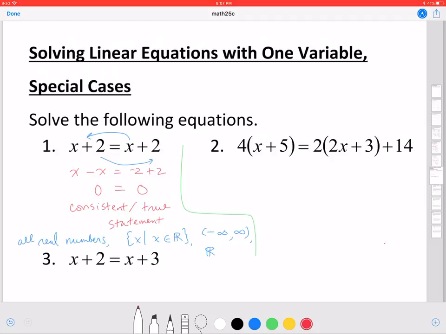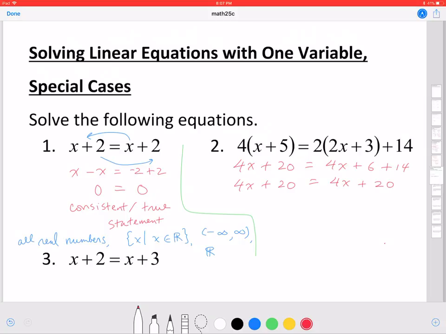Distribute the parentheses, remove the parentheses by distributing. So 4x plus 20 is equal to 4x plus 6 plus 14. And hope you realize what we end up with is, again, identical left-hand side and right-hand side.